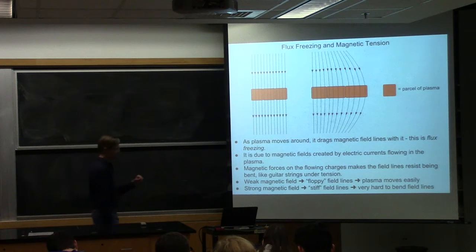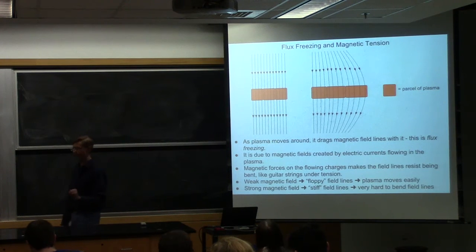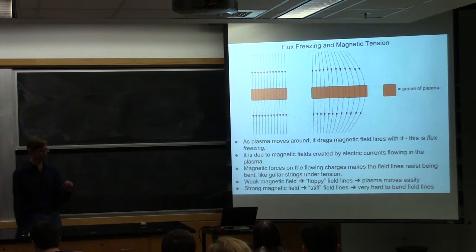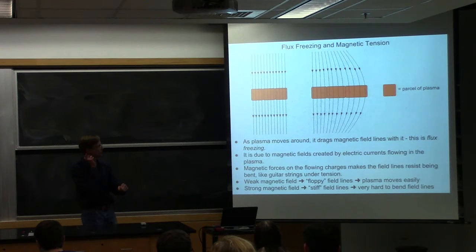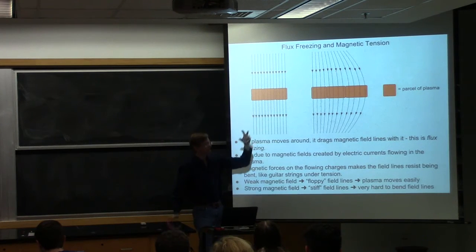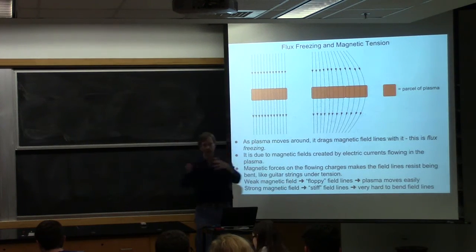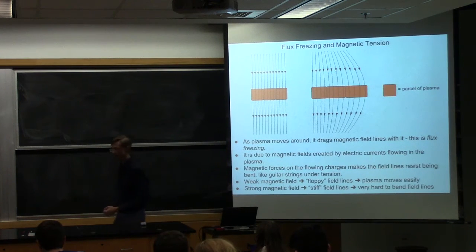In that circumstance, if you have magnetic field lines embedded within a plasma, then they move together, because if they tried not to do that, electric currents would flow, which would generate magnetic fields, which made the total magnetic field be such that they move together. So that's really what it comes down to. If the plasma moves around, it drags the magnetic field lines with it. That's what flux freezing means.